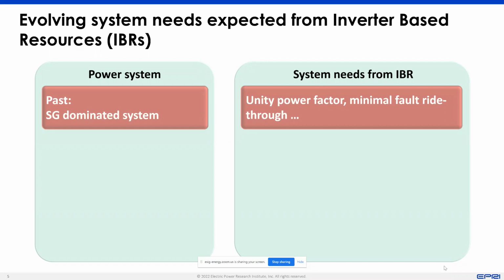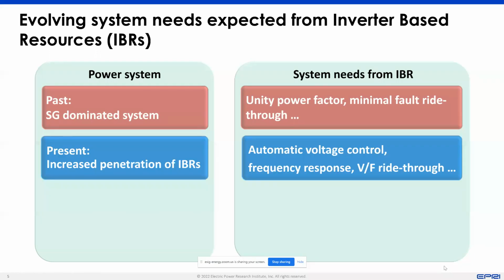So essentially what all inverters would do was just inject active current and provide no other services at all. But as the system transitions to increased penetration of inverter resources, we've started realizing that we want more services from these inverter resources.